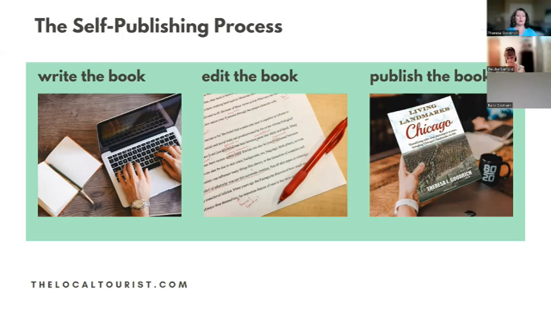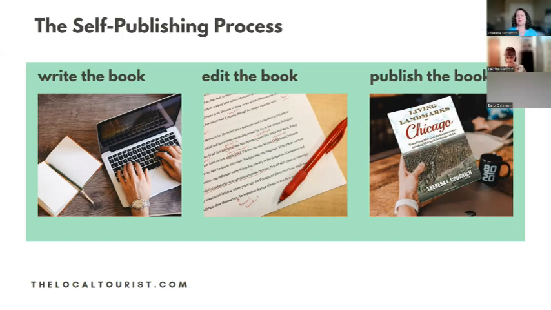You want to edit it yourself, and then you also want to have what are called beta readers. These are about 3 or 4 people that you trust, and they will read your book before it's gone through a ton of editing. They're reading it to see if it makes sense, if they enjoy it. Sometimes, if they see some glaring grammatical or spelling errors, they'll let you know.